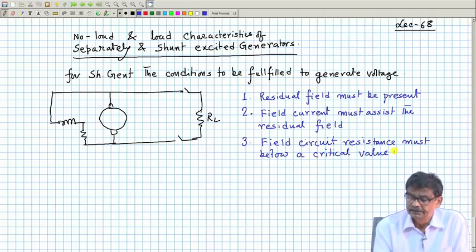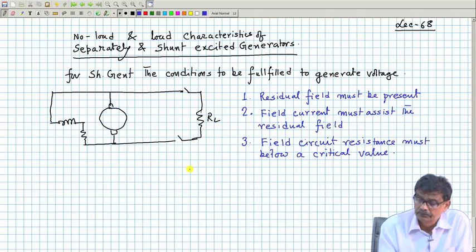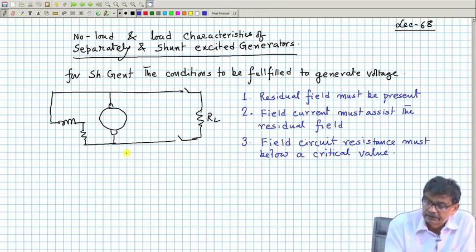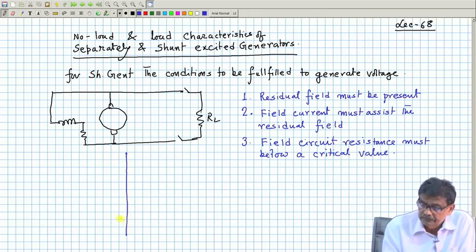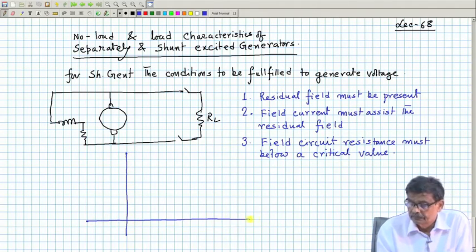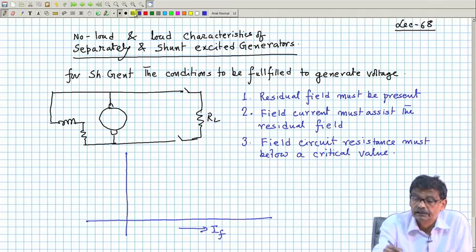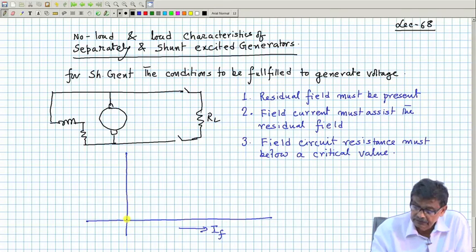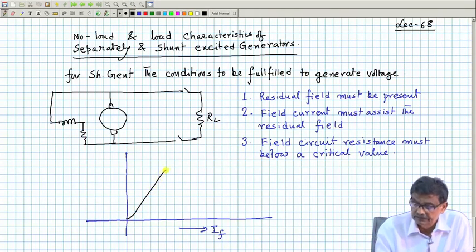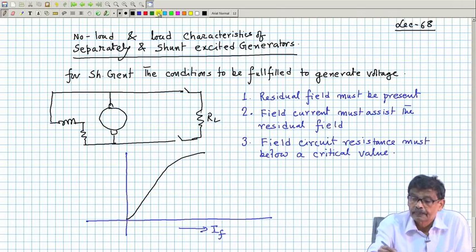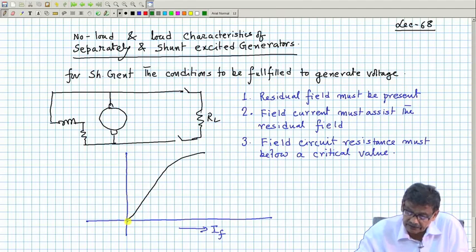The meaning of these things I will just tell you. We know these things, but perhaps formally I did not tell that if this is your characteristics, the OCC, this is how in the open circuit a shunt generator builds up voltage. This is the open circuit characteristics. There is a small residual voltage, and this is the field resistance line.